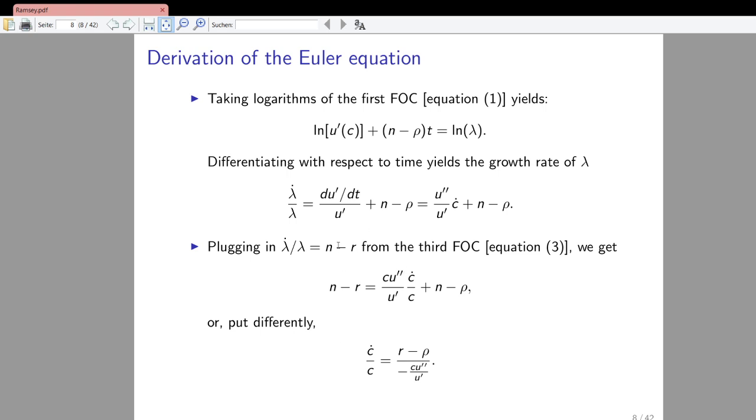However, we see here, if we plug in n minus r on the left hand side of this equation, and we have n also on the right hand side of this equation, then n drops out again, and in the end we again get our consumption Euler equation with the same form as we had it previously in the chapter on dynamic optimization, where we know, and we'll see in a second, that the term in the denominator is again the coefficient of the utility function if we use an isoelastic expression for the utility function.